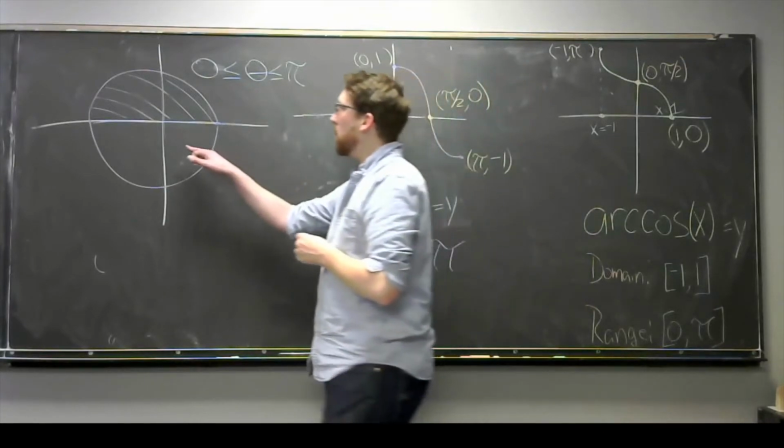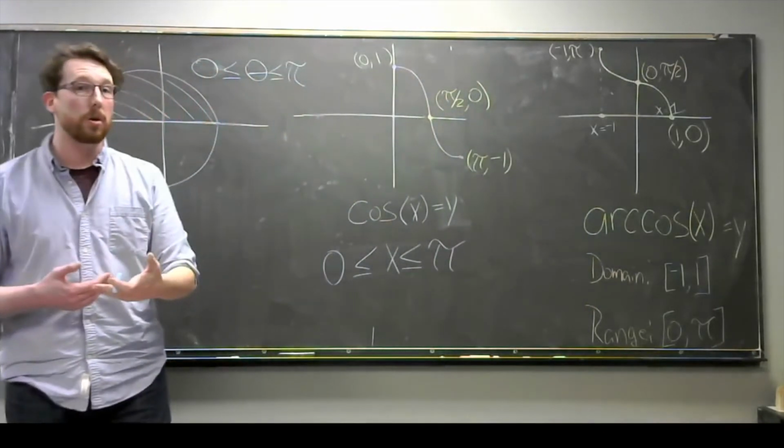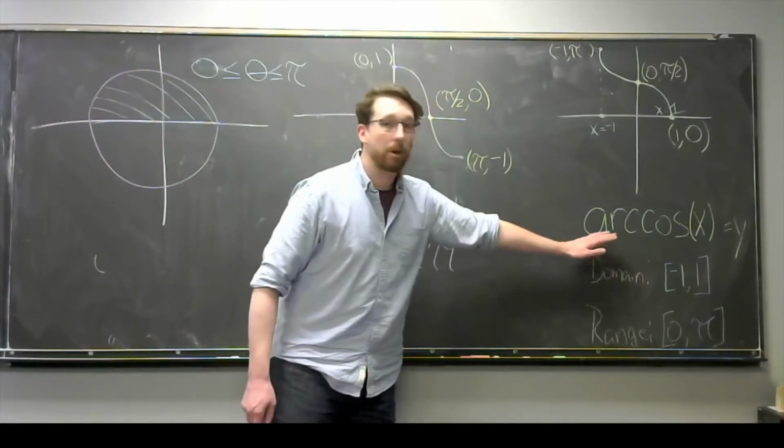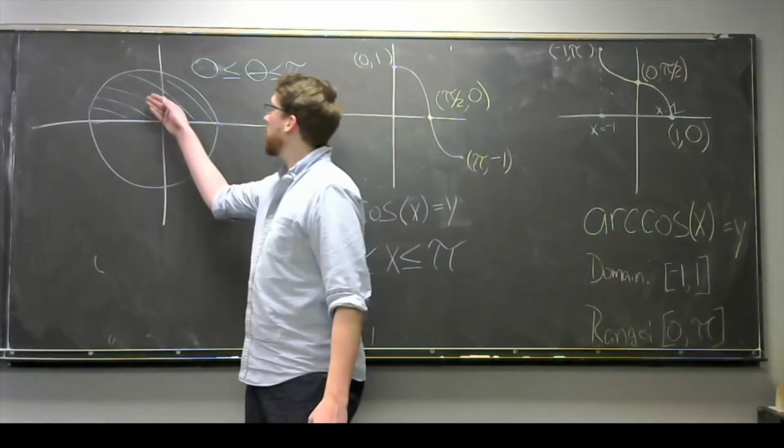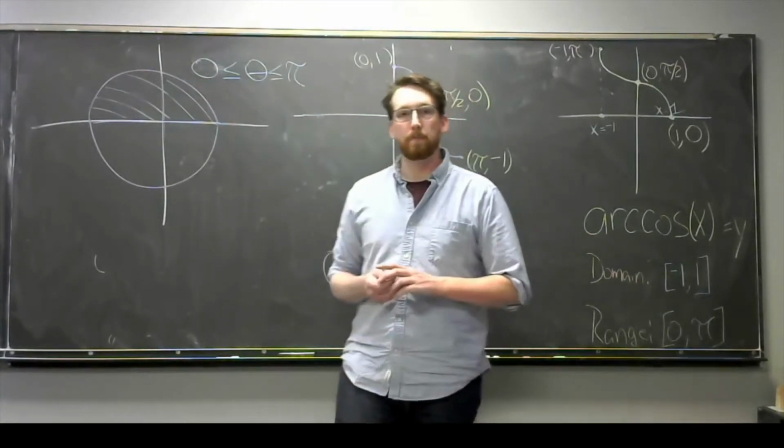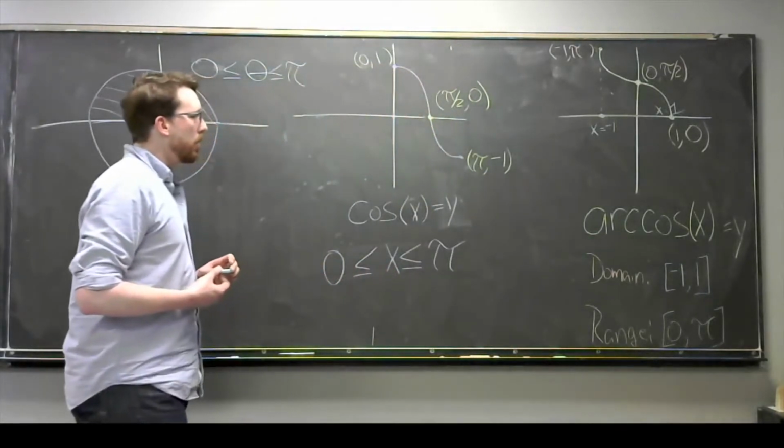So whenever we want to use the unit circle to help us solve things for arc cosine, we need to use the upper half of the circle. Okay.